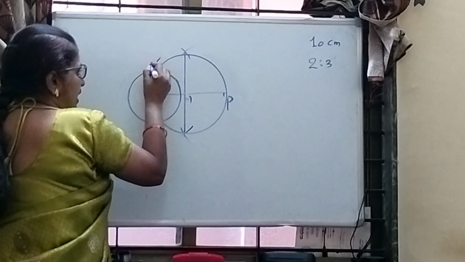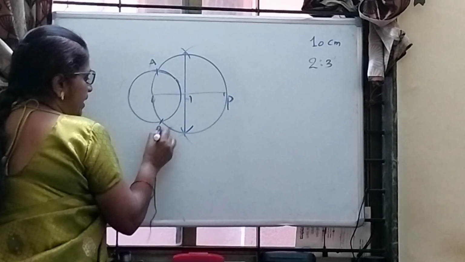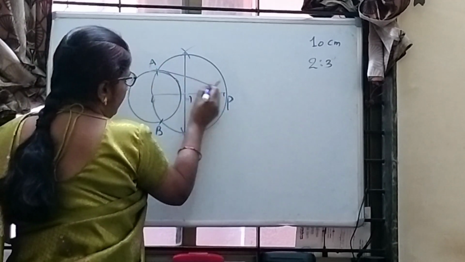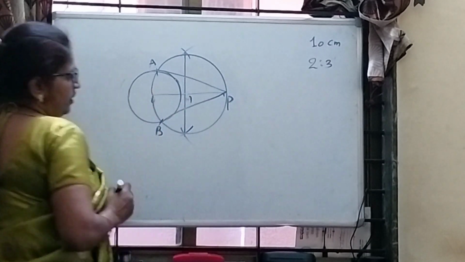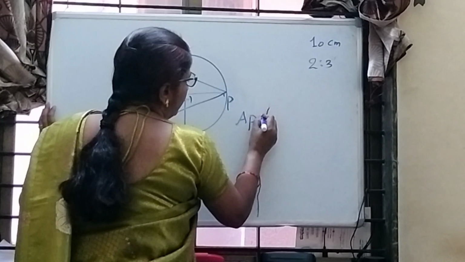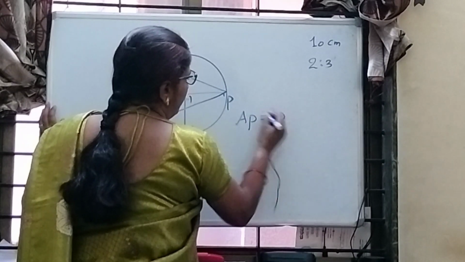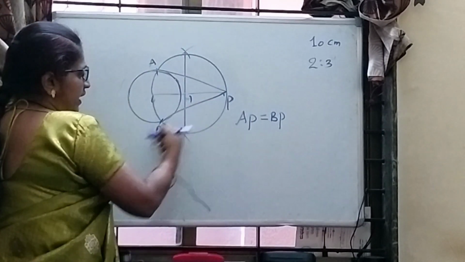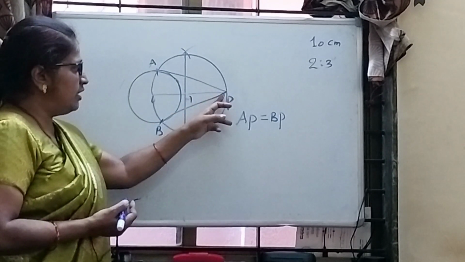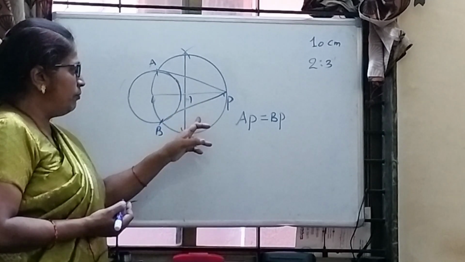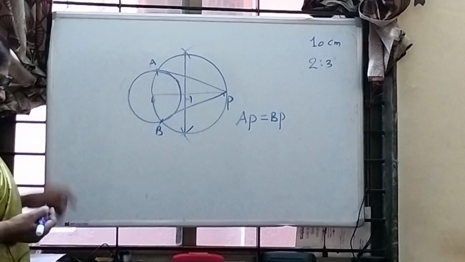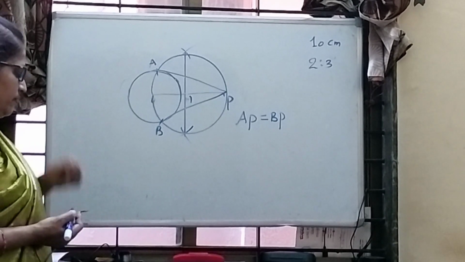So, we can call them as A and B. For to get the tangents, join AP and BP. So AP and BP are the two required tangents, and also they will be equal. AP will be equal to BP because tangents drawn from the external point are equal. You already proved it in theorem. So this is how we construct a tangents from an external point.